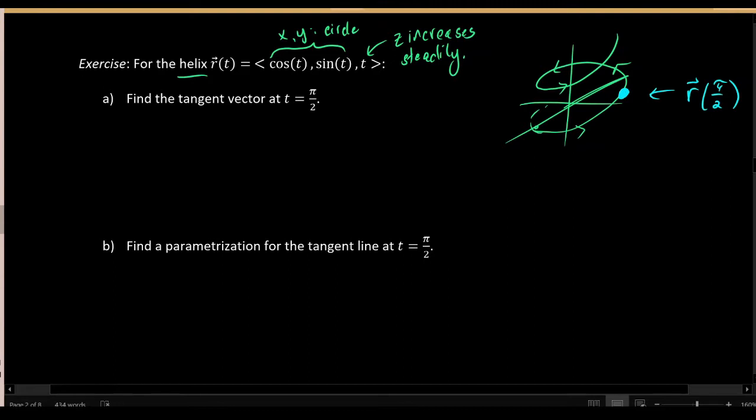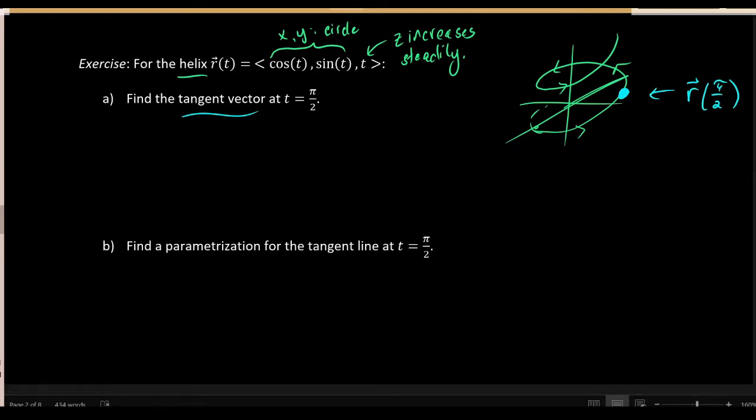Someone says, okay, please find the tangent vector at this time. Now, you've already done this kind of calculation. It's just that the language here has slightly changed. The tangent vector at this time is exactly the same as the velocity vector at that time.